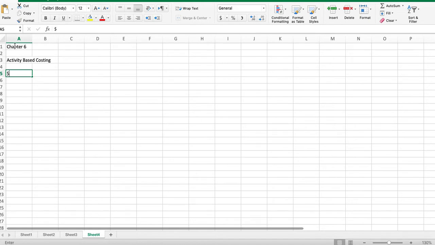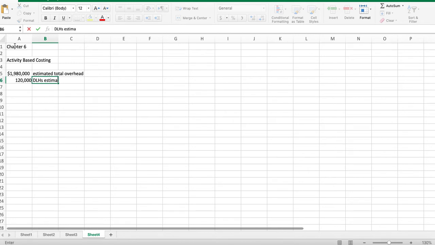They tell you that estimated overhead for the plant is $1,980,000. That's estimated total overhead. And they tell you the estimated direct labor hours, which is what is driving up their overhead, is 120,000.